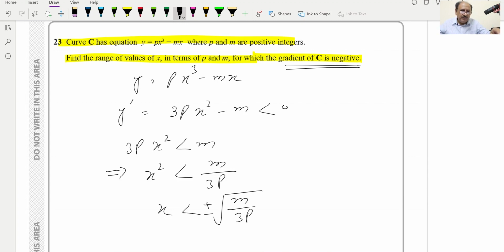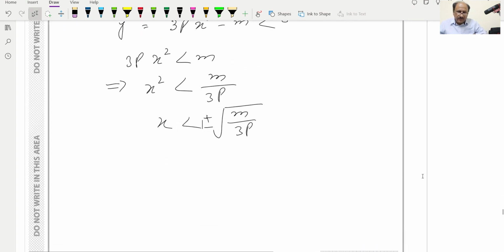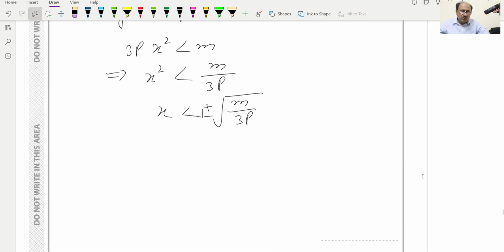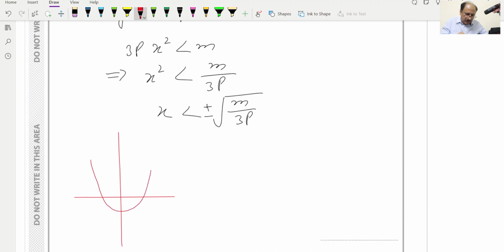So if we draw, for example, a sketch, it will be a quadratic graph like this, and this point and this point will be minus square root of m over 3p, and plus square root of m over 3p, and this will be the range of values.